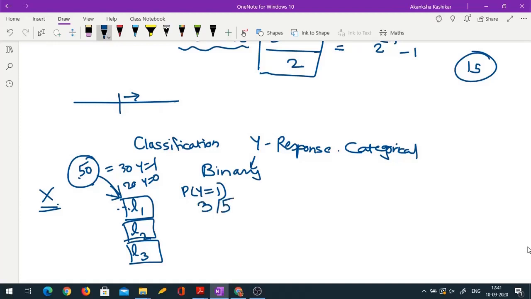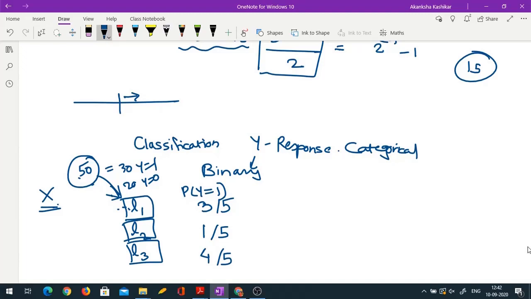The probability of y equal to 1 given that x equal to L1 becomes 3 by 5. For L2, suppose it is 1 by 5, and for L3, suppose it is 4 by 5. I am choosing the denominator 5 just for the sake of convenience; it could very well be some other number.